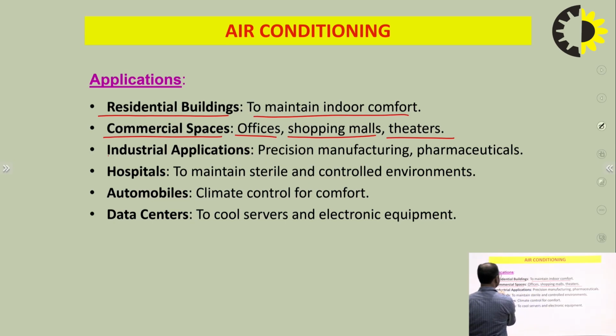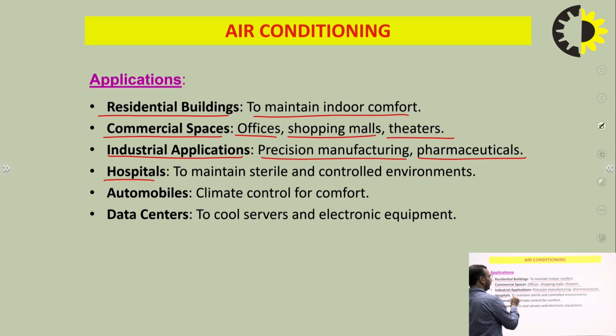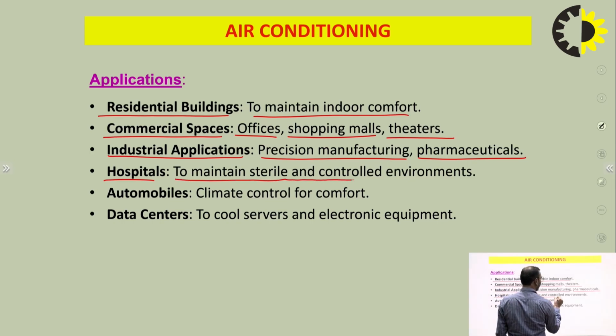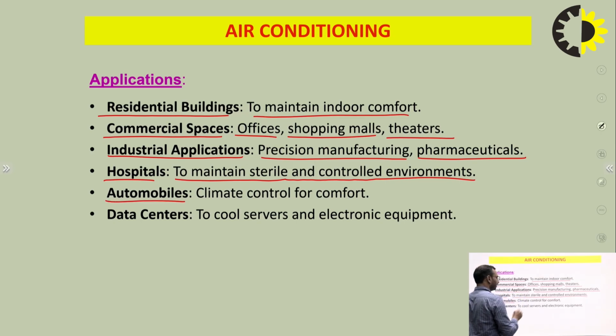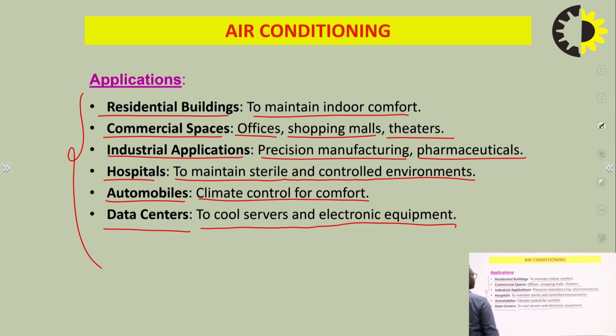Then industrial applications like precision manufacturing, pharmaceuticals, etc. In hospitals, to maintain sterile and controlled environments. In automobiles, climate control for comfort, and in data centers to cool servers and electronic equipment. So, these are the application areas where air conditioning is used.